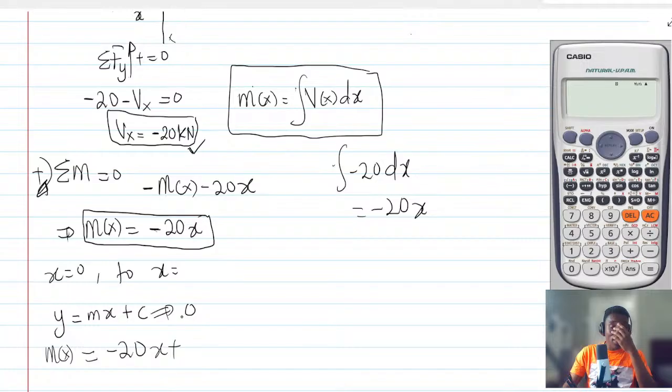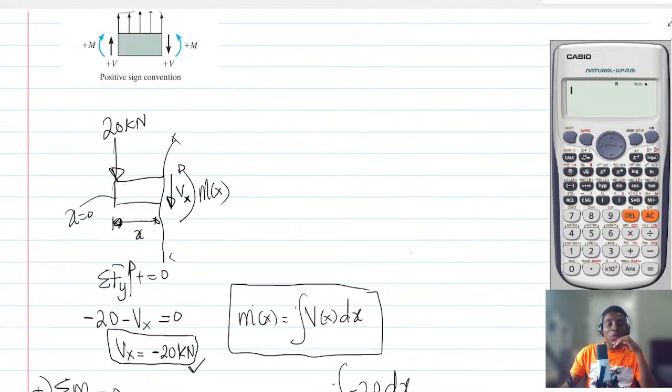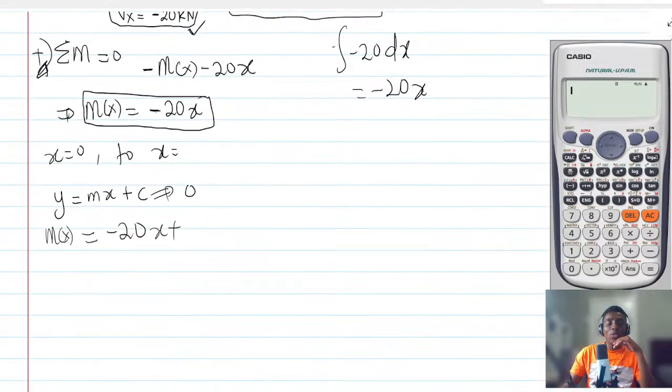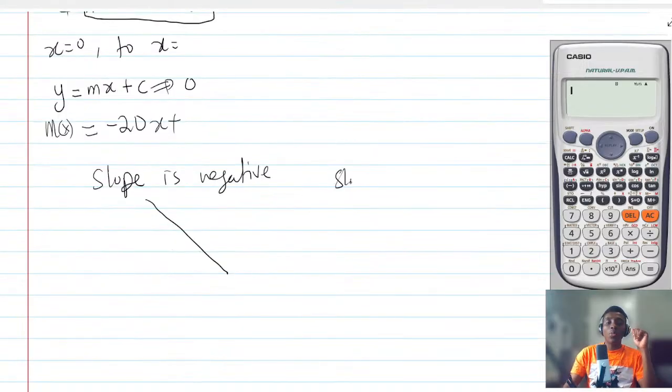So if c is 0, then the line cuts the y-axis at 0, but it has a slope of minus 20. I want you to understand that whenever the slope is negative, you have something like this. And whenever the slope is positive, you get something like this.